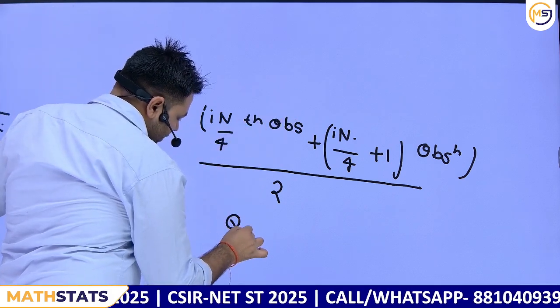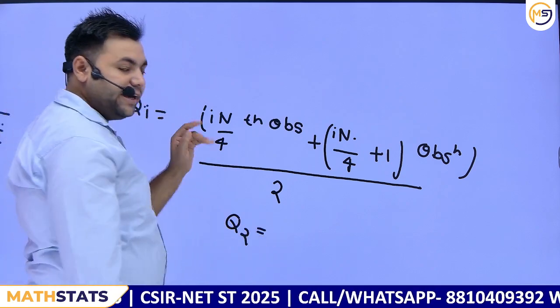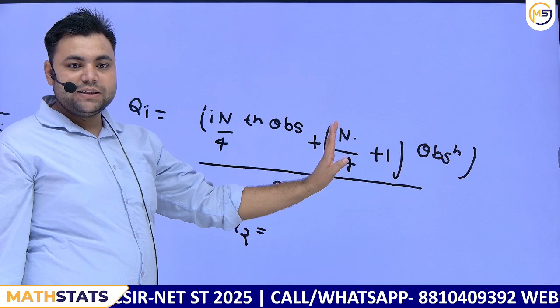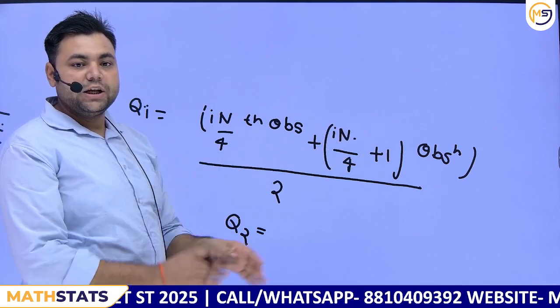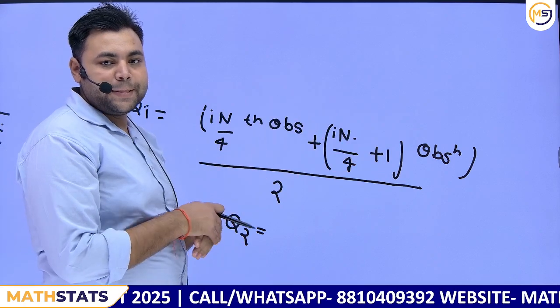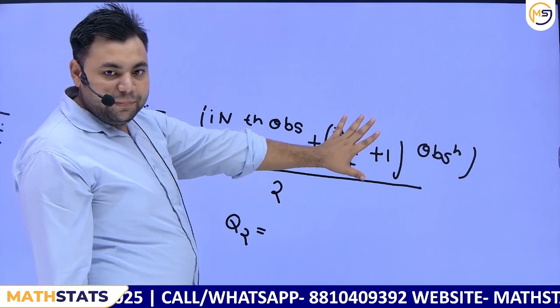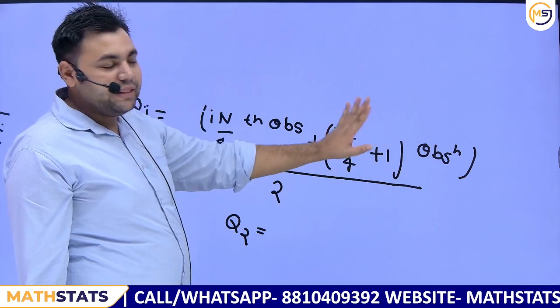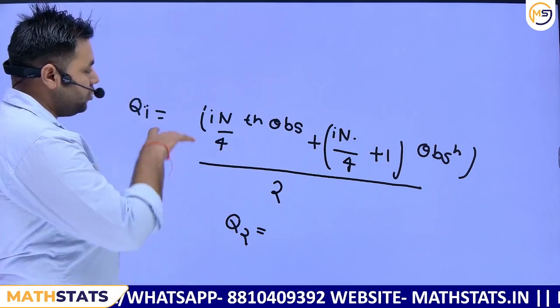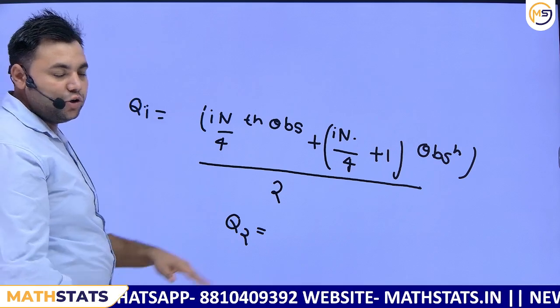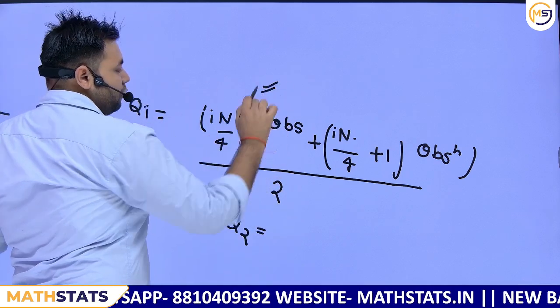You find Q2, and this is equal to the median, right? If you put i equal to 2, this formula equals the median. So this formula is true. You can apply this formula in general. But there are also formulas for when n is a multiple of 4 and when n is not a multiple of 4, so there are different formulas. So you can apply this formula first. Okay, this formula is right.